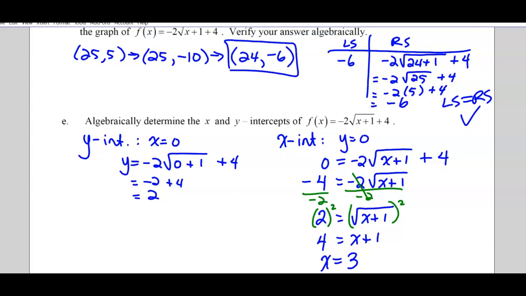Check on your graph. Did you get the same as the x-intercept on your graph?